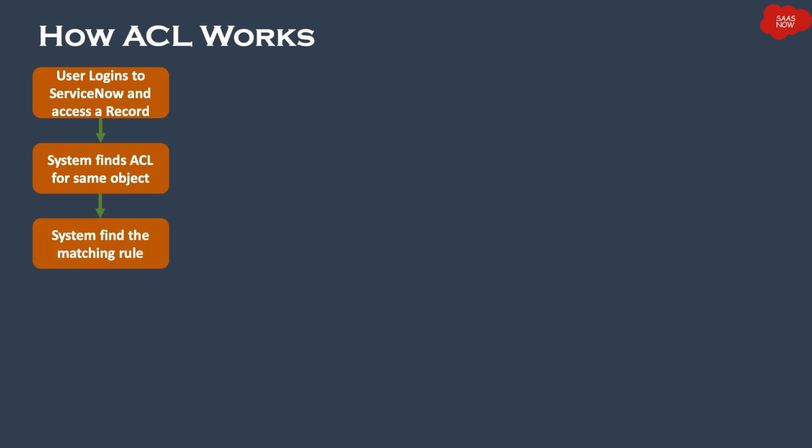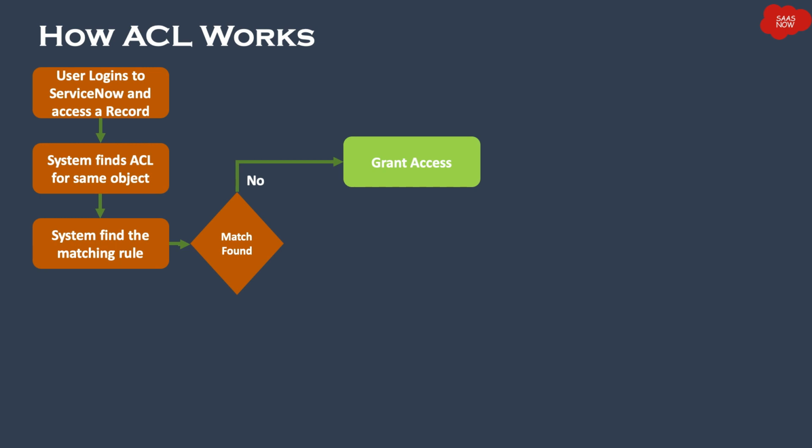So whatever object the user is trying to access, the system first checks: do I have a similar kind of access rule for that object? If the answer is no, and the system did not find any matching rule or ACL for that object, then access is granted to the user. That means the user can access that data.